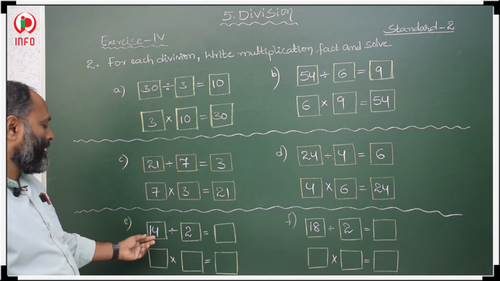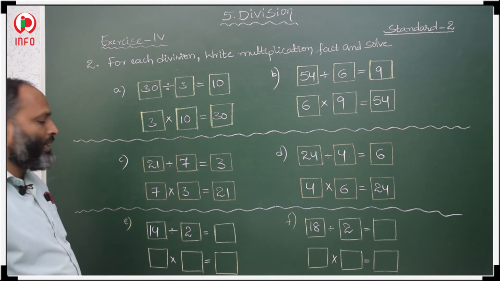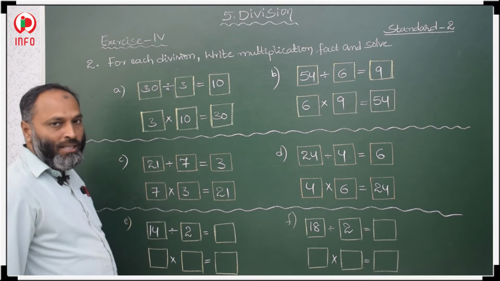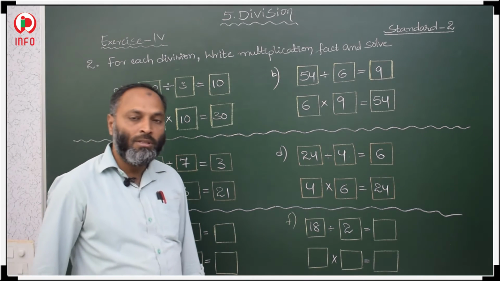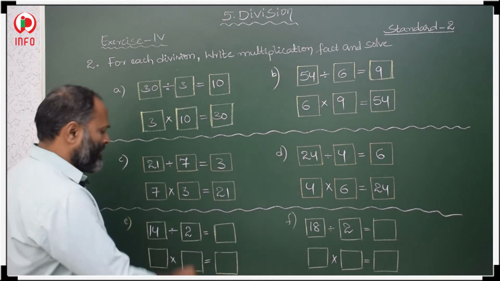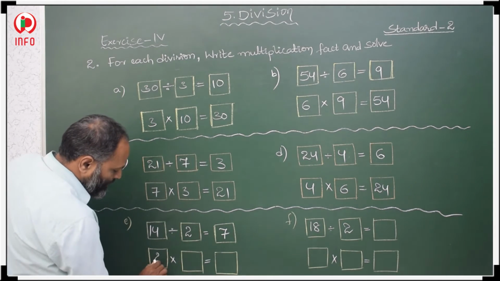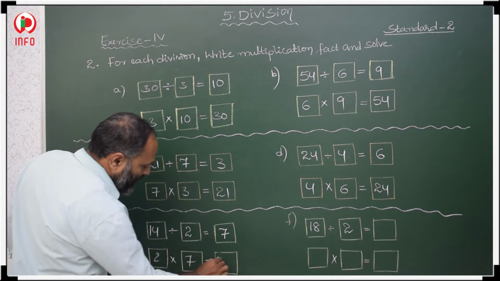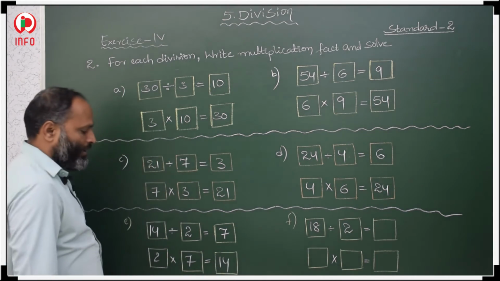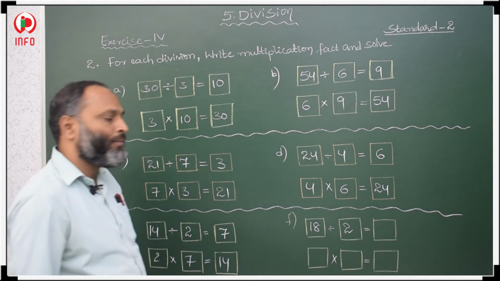Now, in the 2 table: 2 5s are 10, 2 6s are 12, 2 7s are 14. It means if we multiply 2 with 7, we get 14.